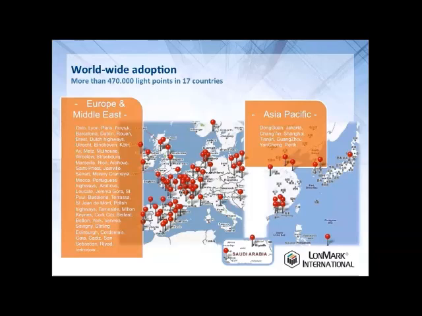In total, we estimate that about 500,000 light points have been deployed in 17 countries, mainly in the last years, showing really a big growth of the outdoor lighting control market in general, and particularly on the adoption of open systems such as the one that we all developed together.